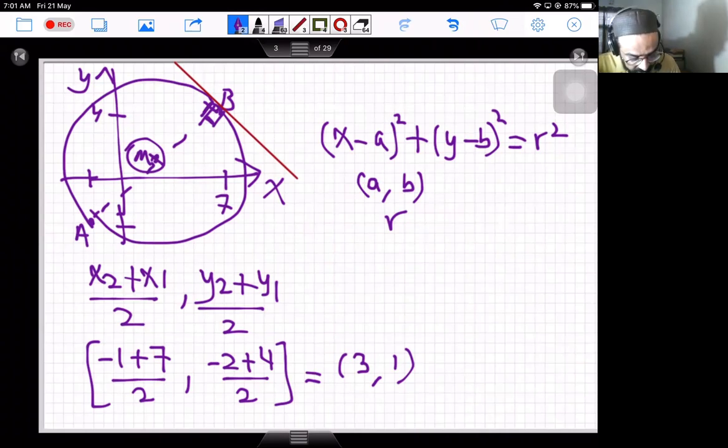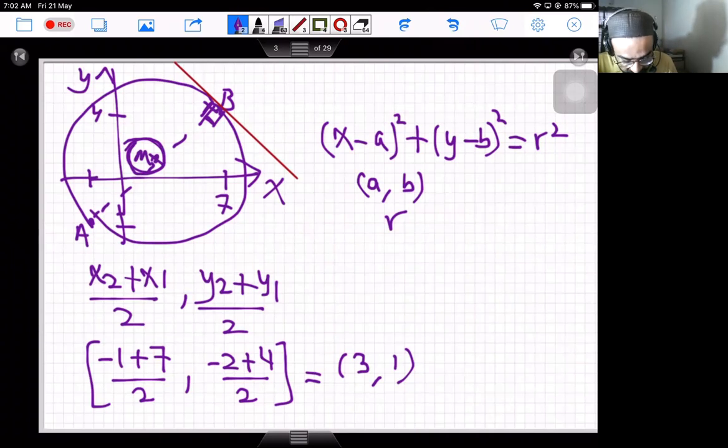And for that purpose, we would need the gradient of this AB line, or you can say MB line. Since we know that the radius and tangent are perpendicular to each other, the gradient of radius multiplied by the gradient of tangent will be equal to -1, the relationship of perpendicular lines.